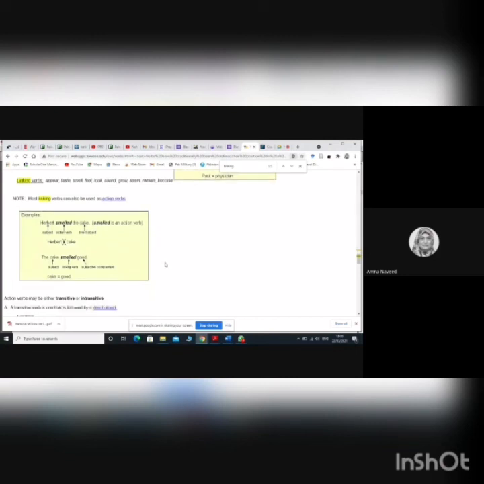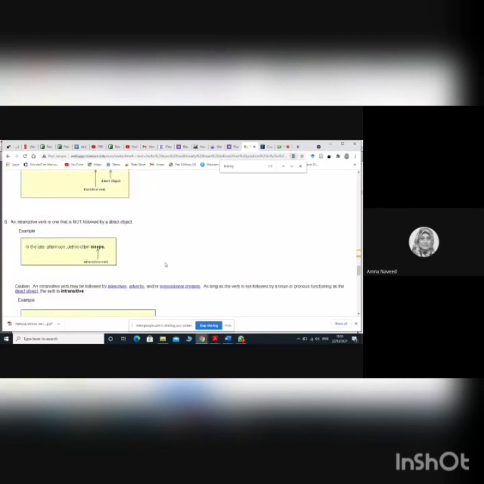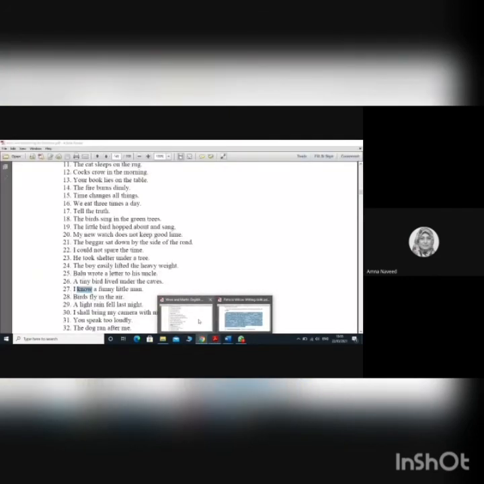But again, they are used as transitive verbs. You are very right, the action is not being passed on to the object, but still this verb is a linking verb and that acts as a transitive verb as well.